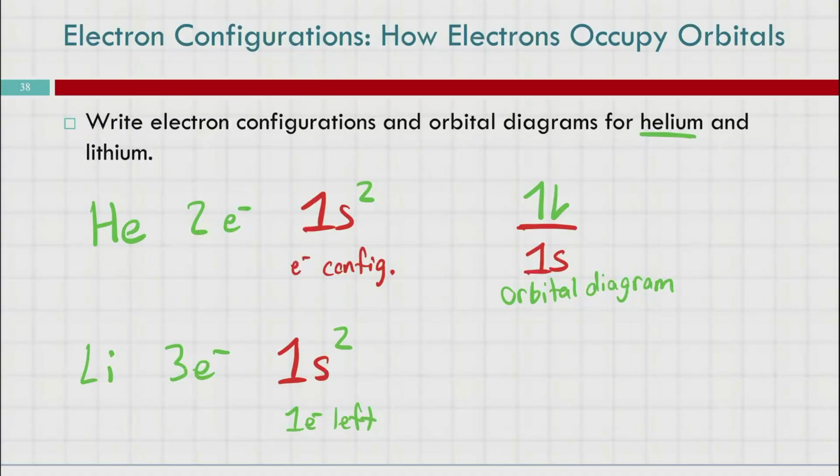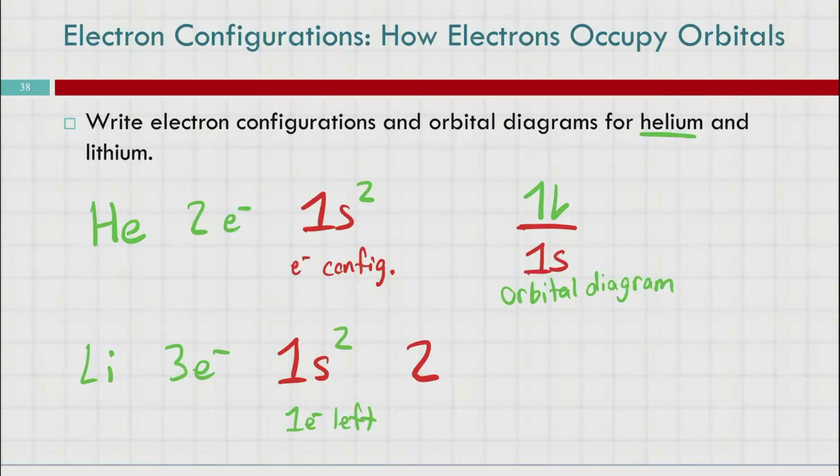However, now we have 1 electron left over. So we have to make a decision. Where do we go next from 1s? We're in the n equals 1, so we only have 1 subshell, only 1 shape, only 1 letter. So 1s is our only orbital in n equals 1, so we have to bump up to n equals 2.